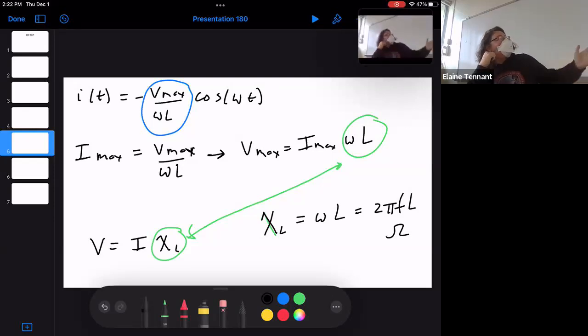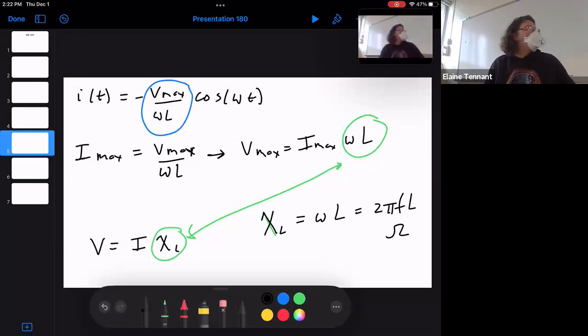And I like to point out that it is dependent on the frequency of the source. So that f is the frequency of the source, whatever's coming out of the wall, right? So let me ask you, I'm running AC current through an inductor at a high frequency.